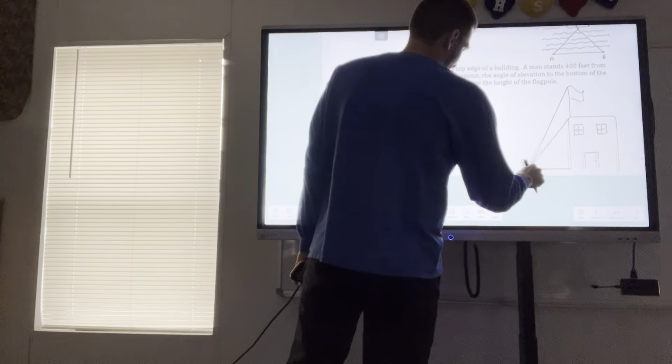And they want to know the height of the flagpole. Well, in order to do this, we need a little bit of information. Whenever you have two shapes that are touching, you always want to think about which side they are sharing, and can we work in the wrong shape first and then make our way over to the correct shape.